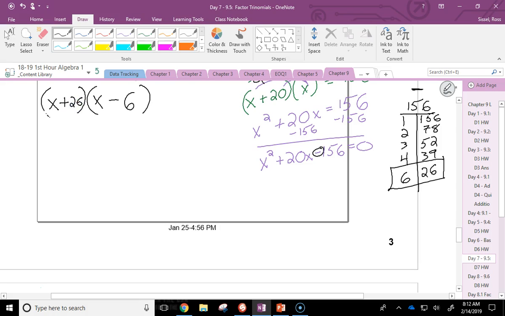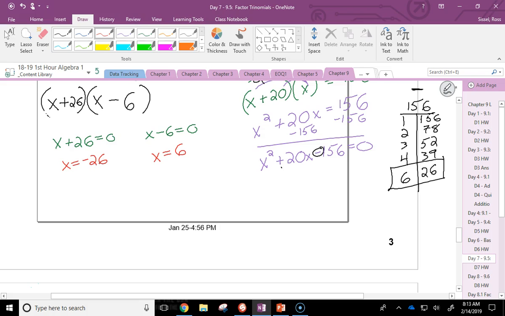Yeah. B is positive, so 26 is positive. Good. Now, we still have to set these equal to 0. So this would be x equals 6, x equals negative 26.